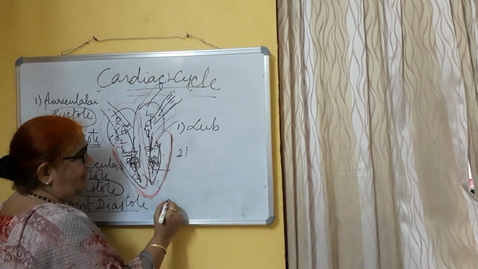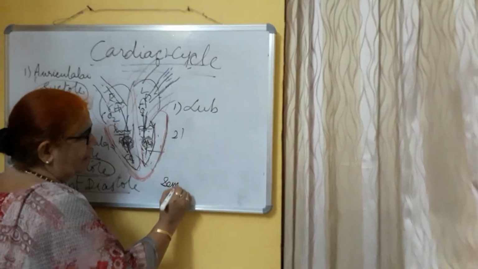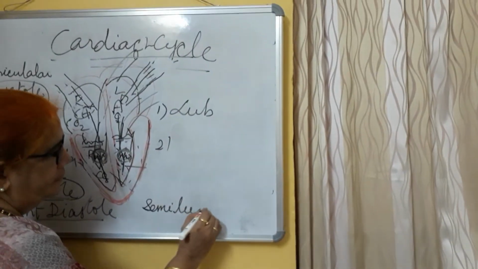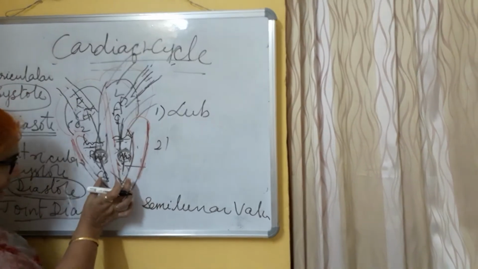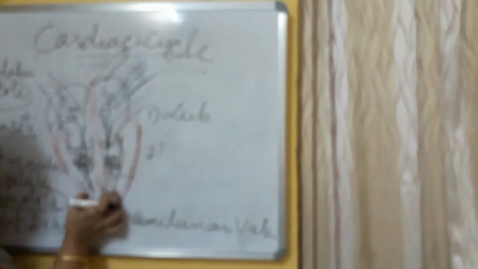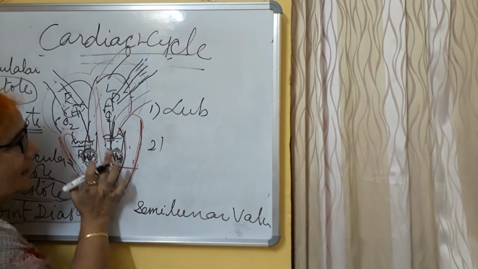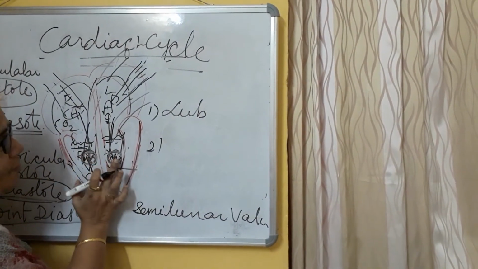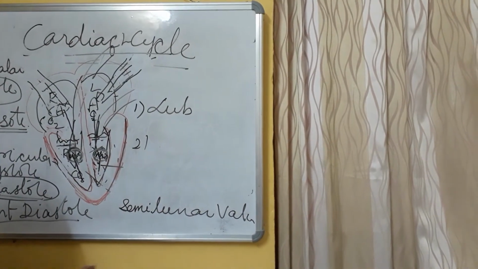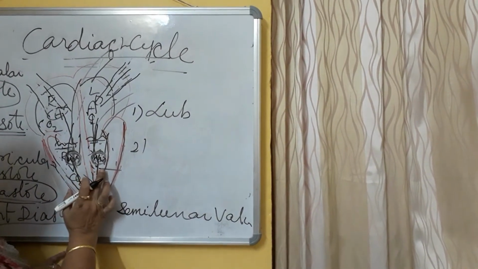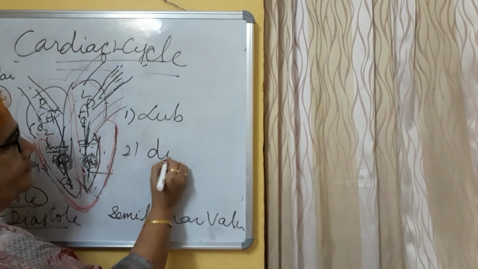The semilunar valves. So when the ventricles are in diastolic condition, immediately the semilunar valves of the arteries close. Again, just like closing a door, one more sound. The second sound is called dub.